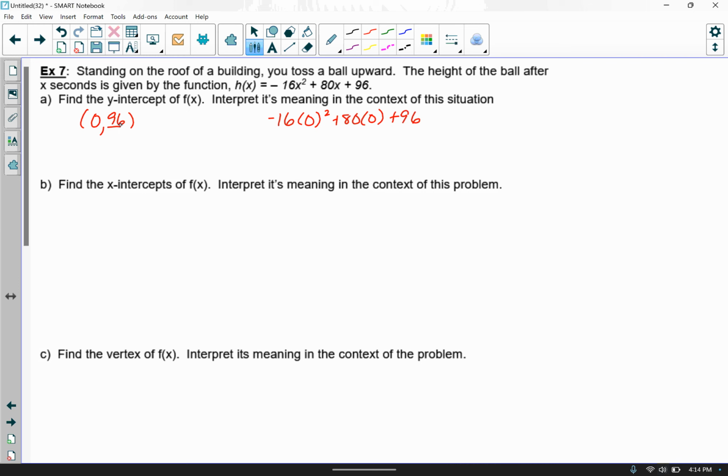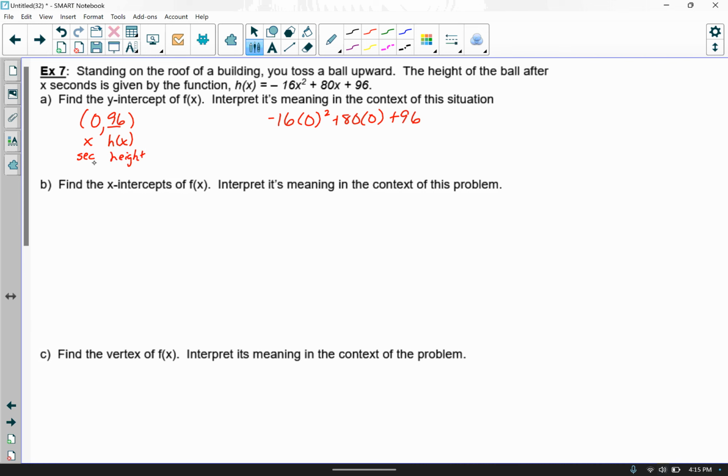So think about our ordered pairs here. You have x and h of x. So this is your x and this is your h of x. X represents time, so this is your seconds, and h of x is your height.